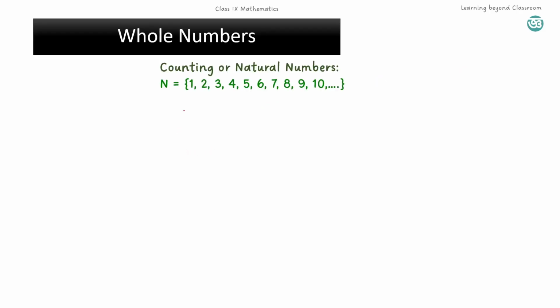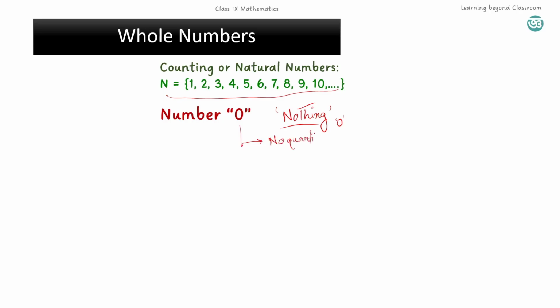Now coming to the whole numbers. During counting, if there is nothing to count, for example, say there is no student in the classroom, in that situation we can use the number 0. So number 0 is an interesting number, and it represents nothing or no quantity.